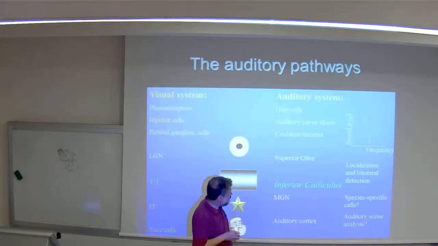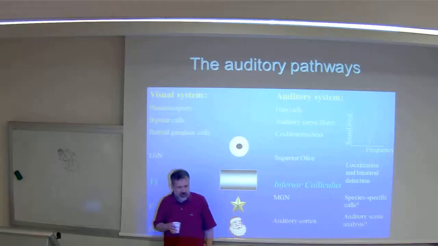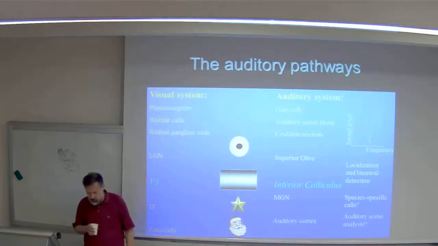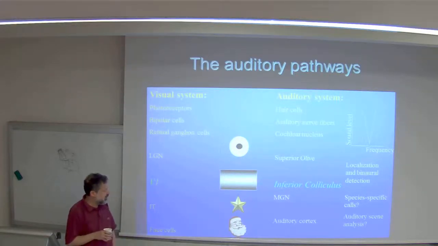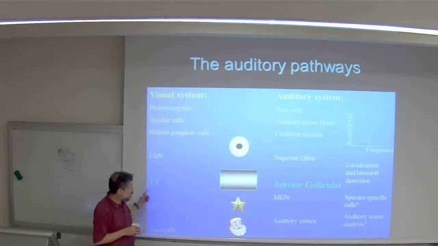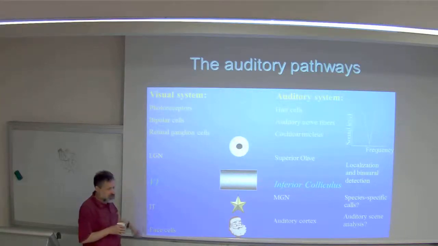And then I told you that everything goes into a place called the inferior colliculus. We saw in the lecture on the barn owl that the inferior colliculus is an interesting place. For example, it's the place where a space map is computed. So in terms of the number of synapses from the transducers, the inferior colliculus sits at the same place as V1.